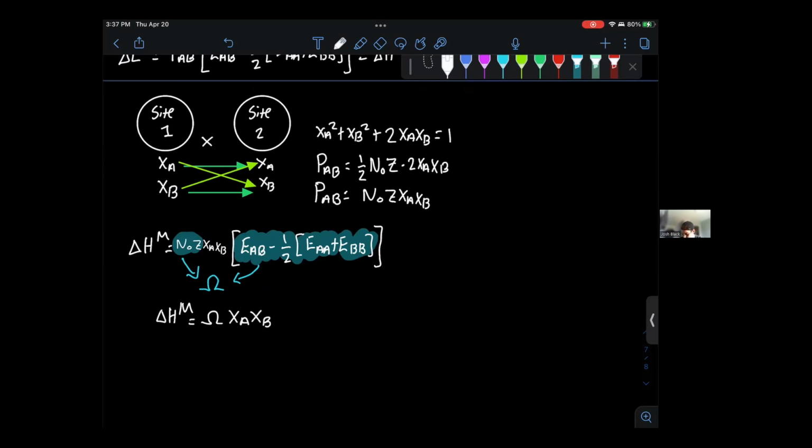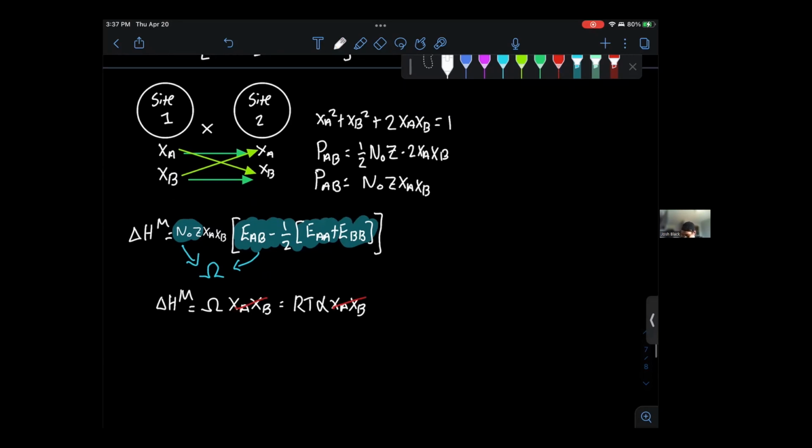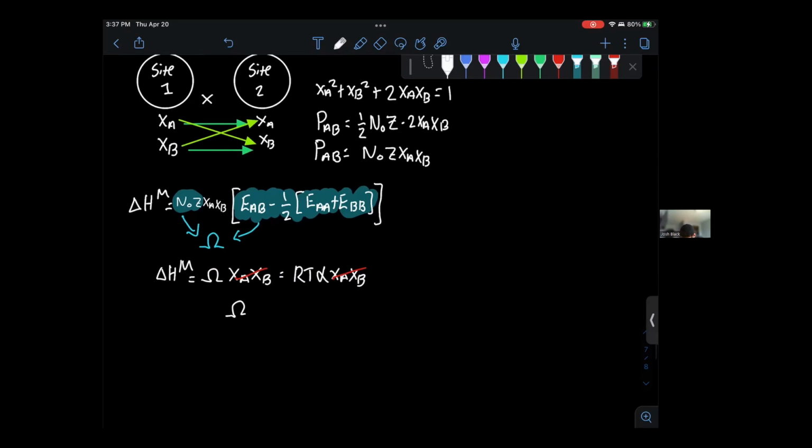And we know that the enthalpy of mixing is also equal to RT alpha XA XB. So what can we say? Well, we know there's a relationship between alpha and omega. Omega over RT is equal to alpha. Omega we can call our interaction parameter. It measures how well our atoms interact with each other.